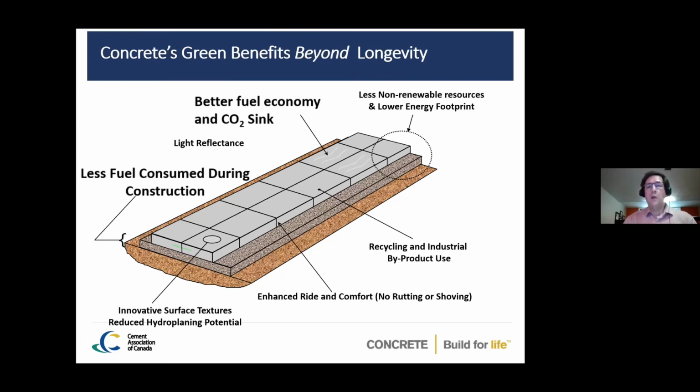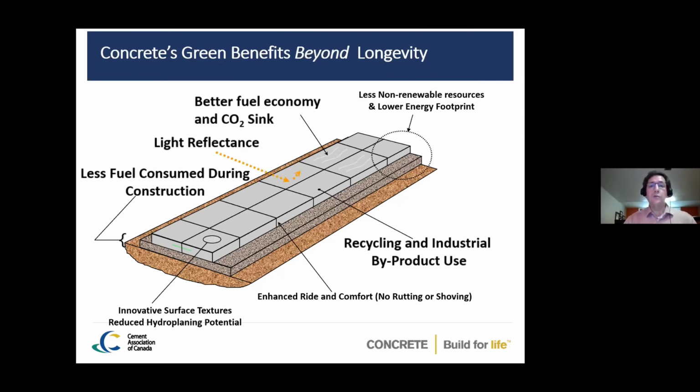On top of that, you have recycled and industrial byproducts that you can use in the mix to improve the concrete properties, but also stabilize them in an area where you wouldn't have the issues that you would in a landfill site. You also have a better albedo, so having a better albedo decreases the amount of urban heat island effect, and also the light reflectance is better, so your illumination is better.